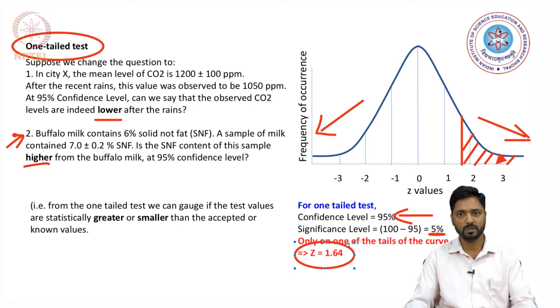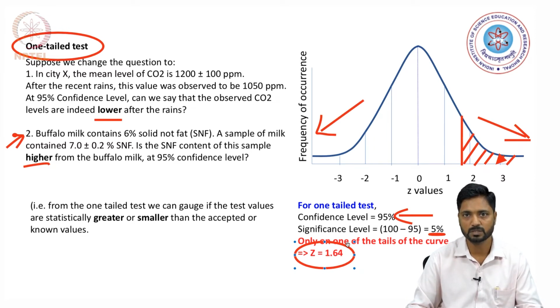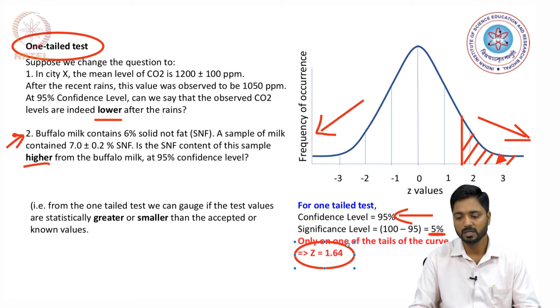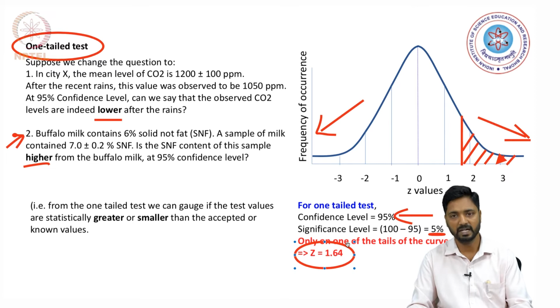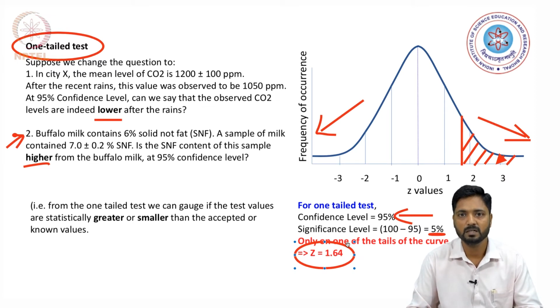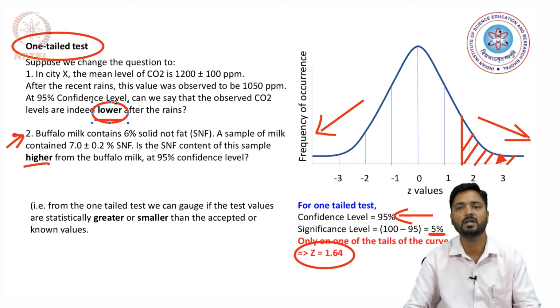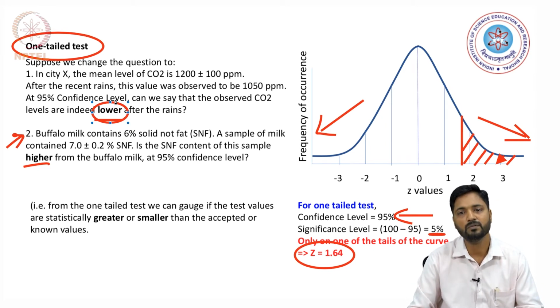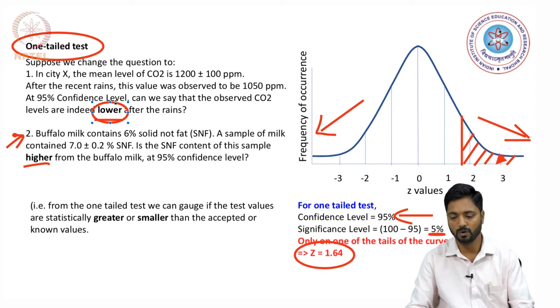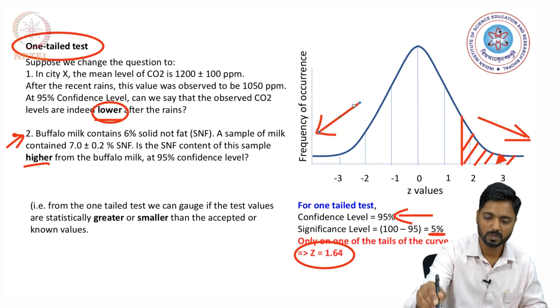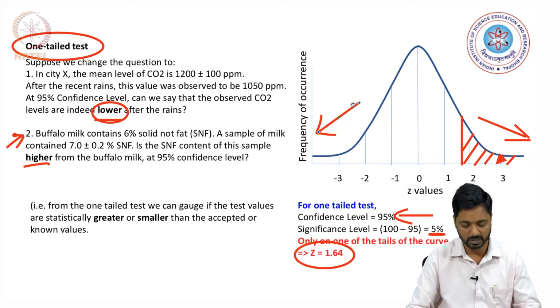Now, if the value to be compared is supposed to be higher than a population mean, then we use the z value of plus 1.64, and that becomes our critical z value. Similarly, if we are concerned with whether the reading is lower than the population mean, then we use a z critical value of minus 1.64, being concerned with only the left hand side of the tail.